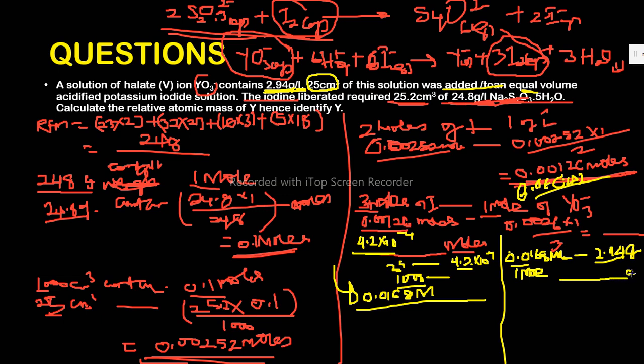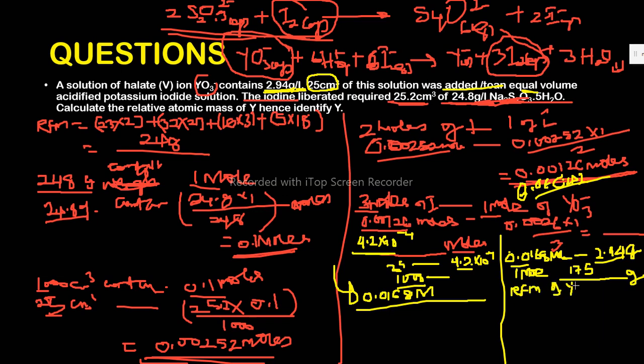Grams. You want me to get it by head? 175. 175 grams. So therefore the RFM of our iodate.